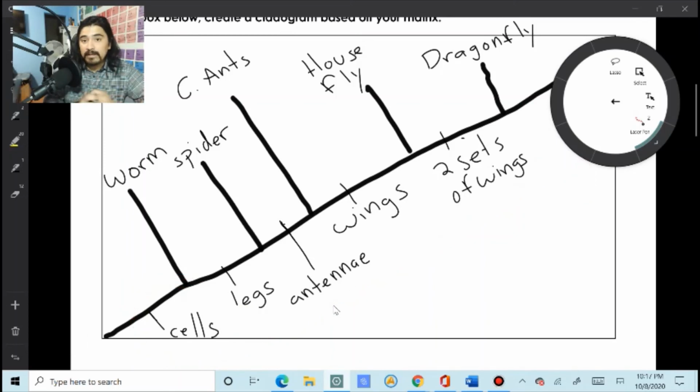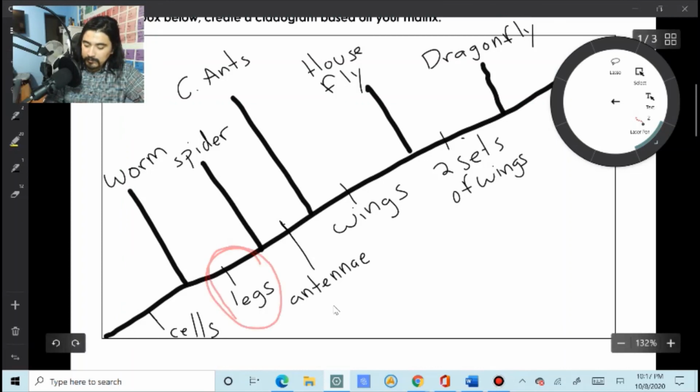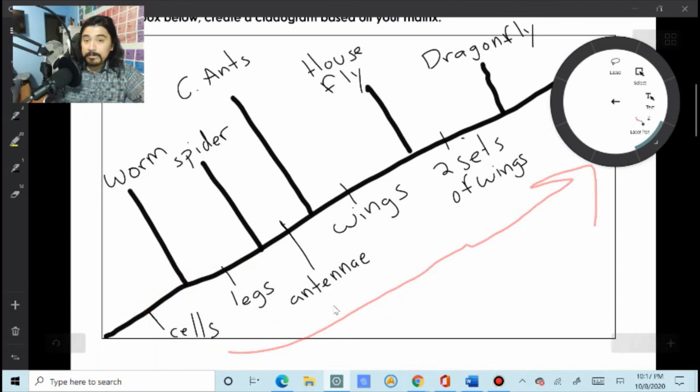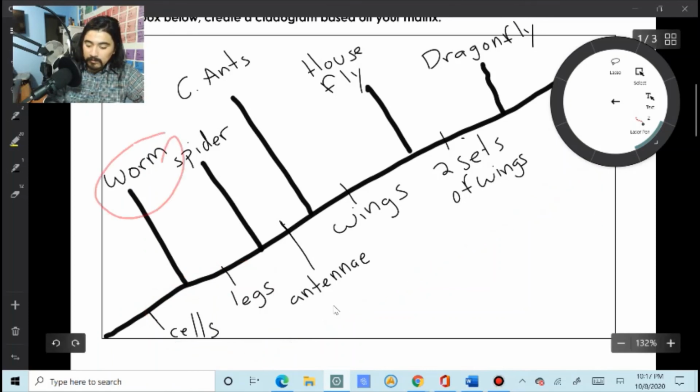So what's the next developed trait? Legs. We know that everything after the worm has legs. So everything after cells and legs is going to have cells and legs. We know that worms are before legs, so worms do not have legs at all.